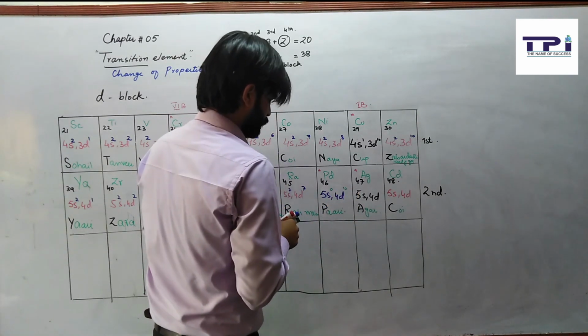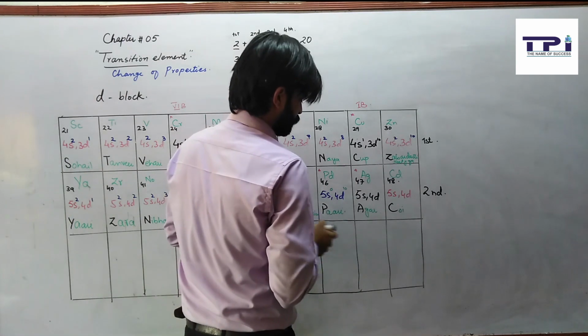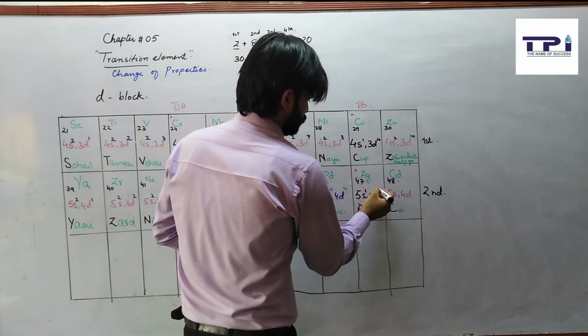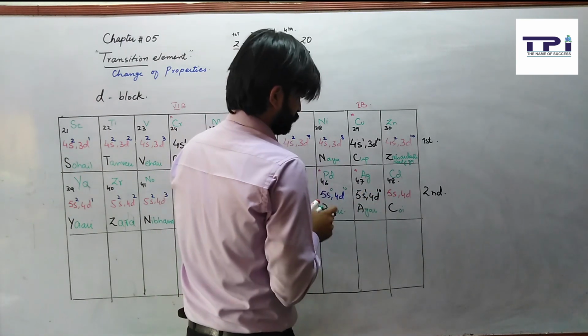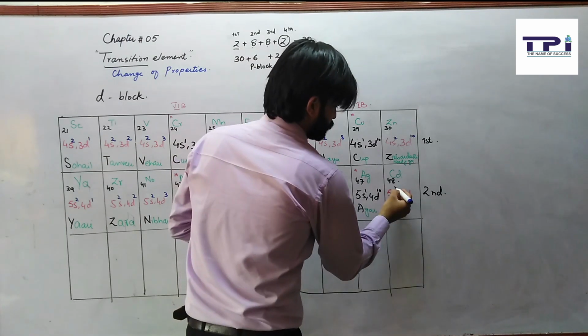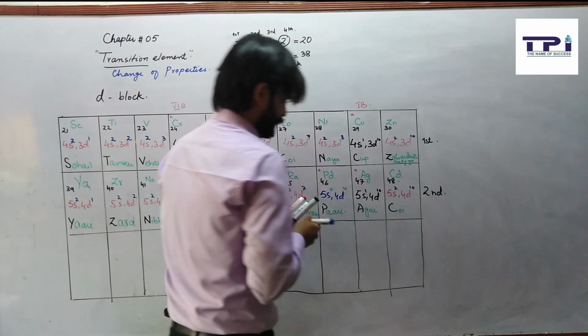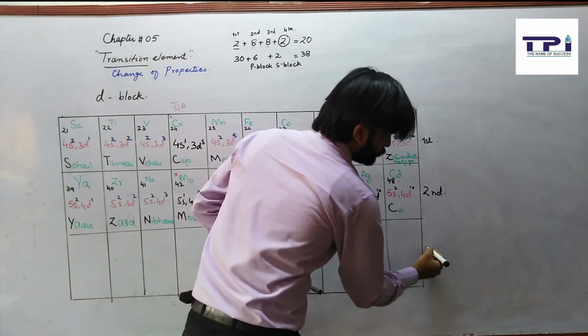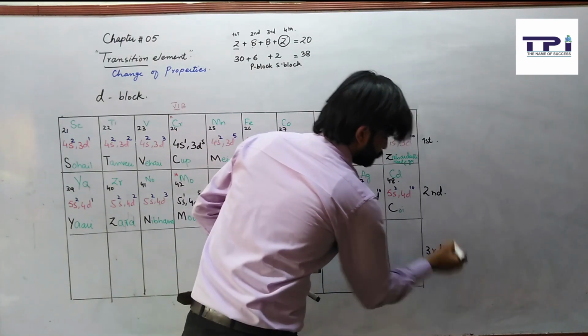S0, D is 10, and the next one S1, D10, S2d10. And the last series, the third series.